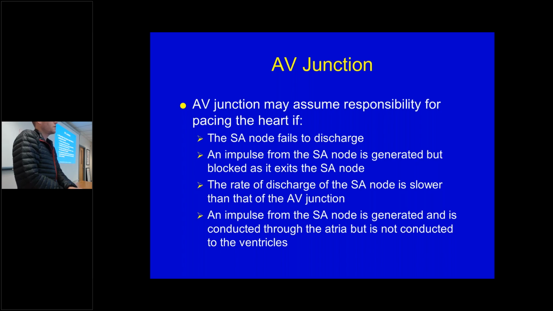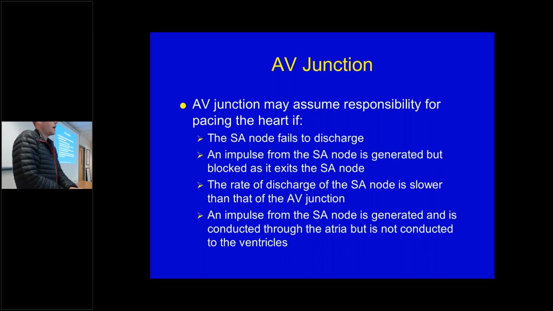So the AV junction resumes automaticity when what? When the SA node fails, or the SA node impulse is blocked, then the AV node takes over. If the SA node is slower, the AV node will take over.